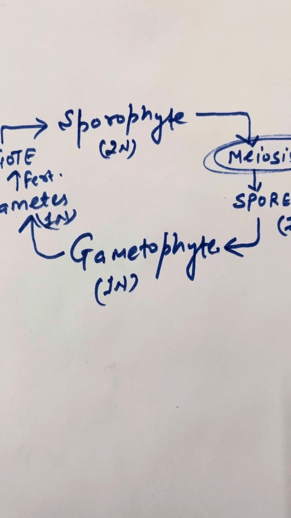The only difference in some cases is whether all the spores are of one kind or of two different kinds, megaspores and microspores. If they are of the same kind, we call it homosporous. If of two different kinds, you call it heterosporous. If it is homosporous, it is one gametophyte; the same gametophyte will form male gametes and female gametes.